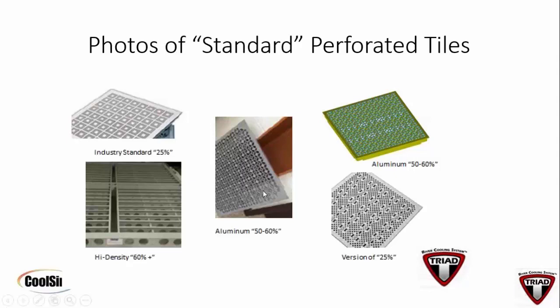And in the middle here, I see this classical sort of 56%, right? That's right. That one and the one to the upper right are both aluminum style panels, and so they both fall in that 50 to 56% range. And then down here in the lower left, this is a fairly new design.